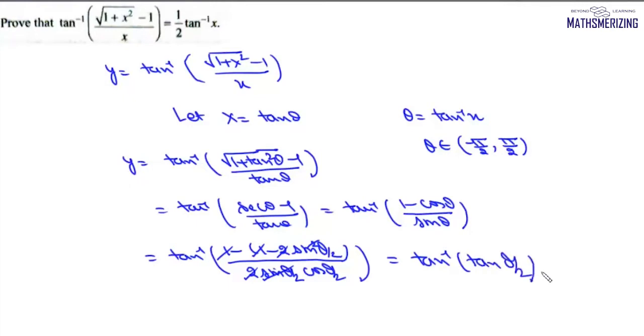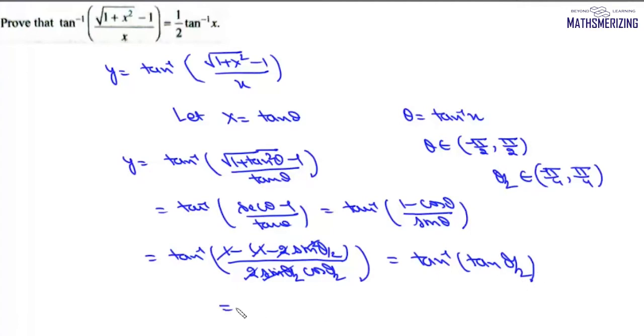tan theta by 2. Now we look at theta by 2. Theta by 2 lies in minus pi by 4 and plus pi by 4. So that means it lies in the principal value range of tan inverse of tan x. And if x lies in principal value range, then tan inverse of tan x is simply x.